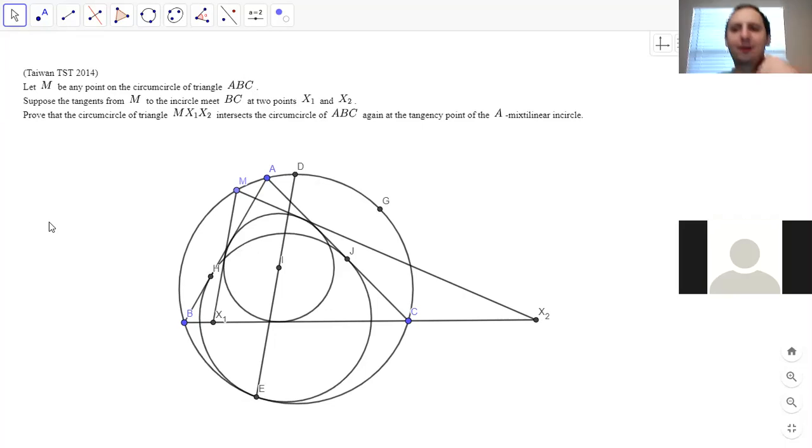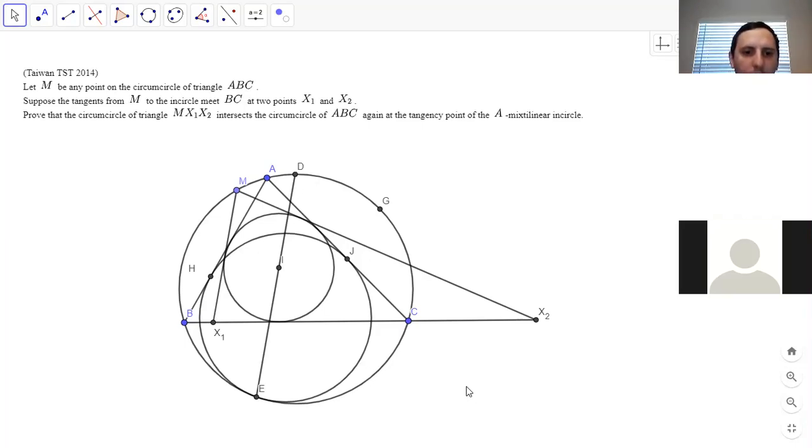It's interesting. Seems like a very simple problem, right? But I've never seen it before. So we want to show that that's cyclic. How can we show something cyclic? We can use angles. We can use power of a point.